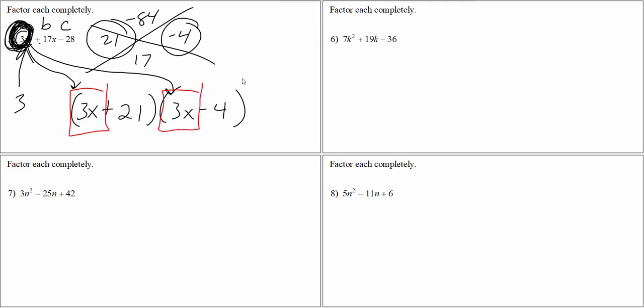So I have to divide all of this by 3, because 3 times 3 is 9, divided by that 3 gives me what I need right there.